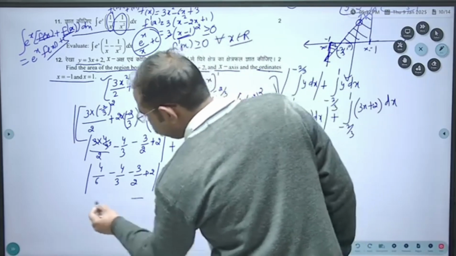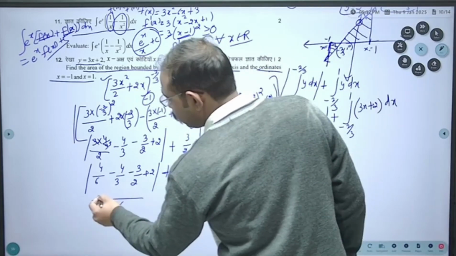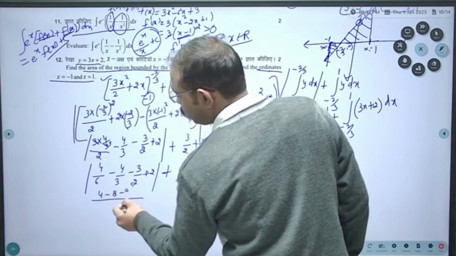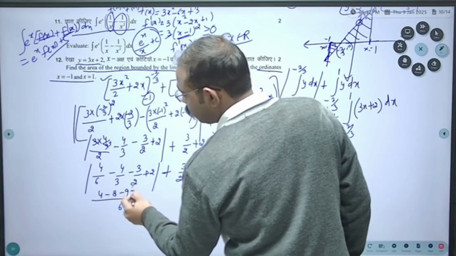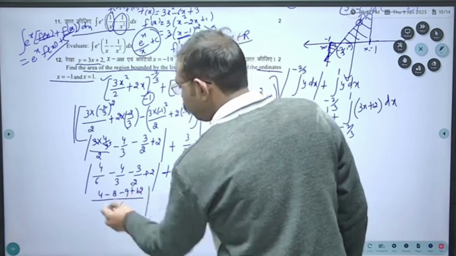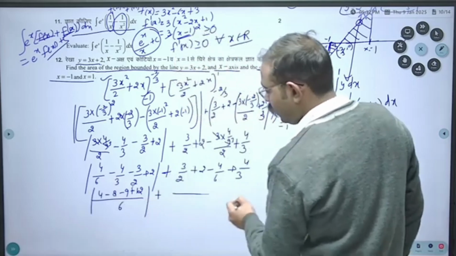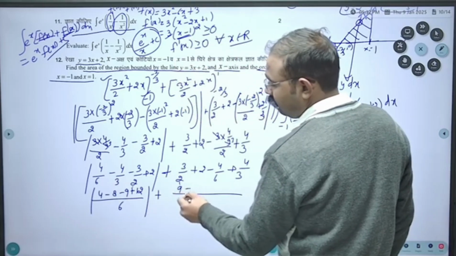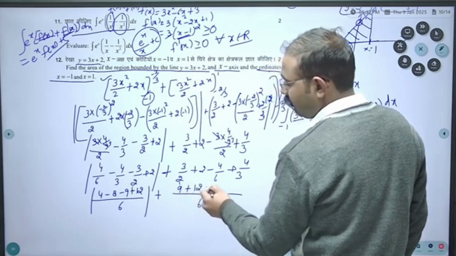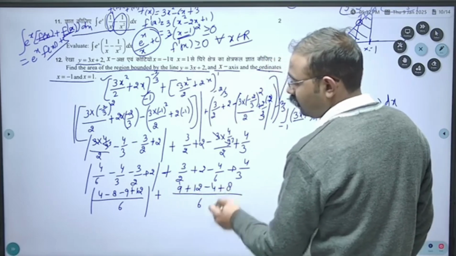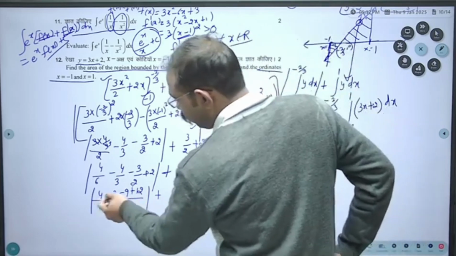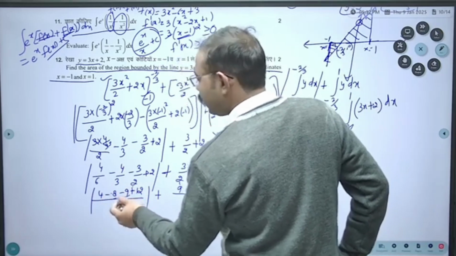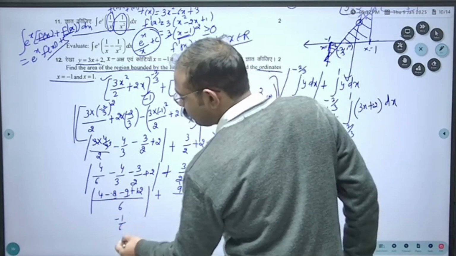Here the LCM will be 6. 6 ones are 6, 4, 3 twos are 6, 4 twos are 8, 2 threes are 6, 3 threes are 9, and 1 sixes are 6, 6 twos are 12. Plus on this side, LCM 6, 2 threes are 6, 3 threes are 9, 6 twos are 12, minus 4, 3 twos are 6, 4 twos are 8. Here 12 plus 4 is 16, minus 8 minus 9, then minus 1 by 6.